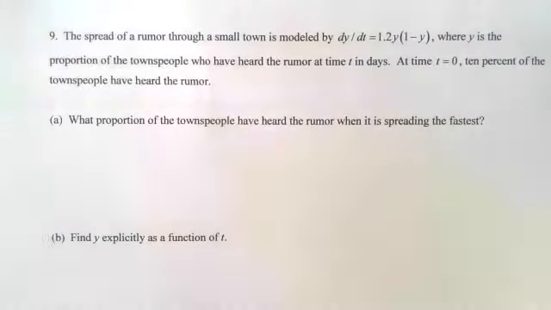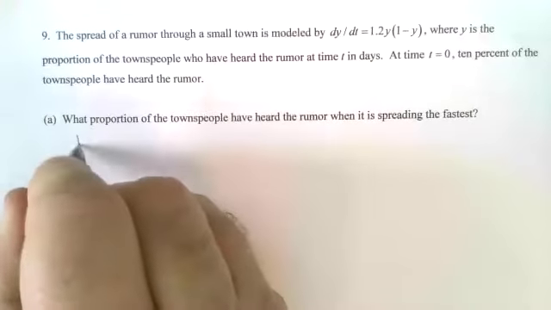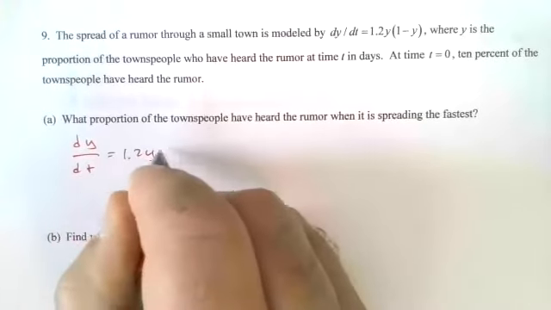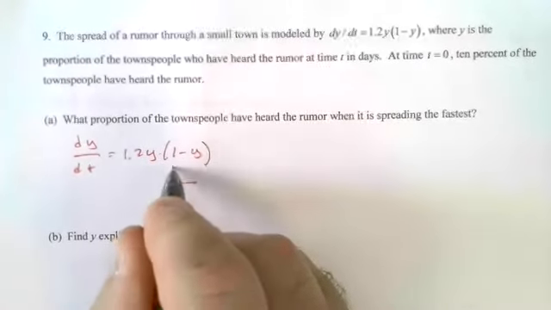All right, flying along here. Spread of a rumor. Hey, that looks like logistic. Yes, it is. Some people have heard the rumor. dy dt equals 1.2y times 1 minus y. So this is a carrying capacity.